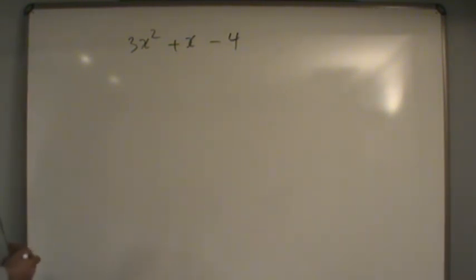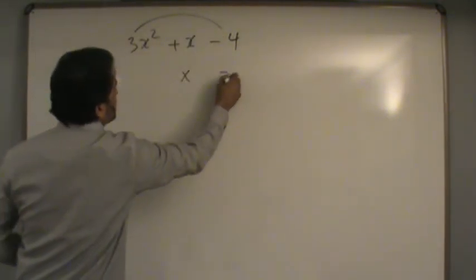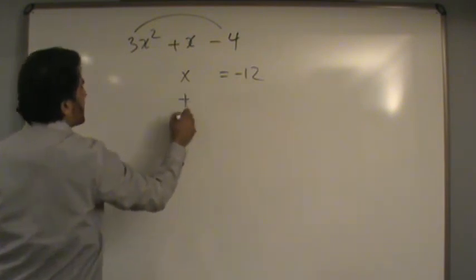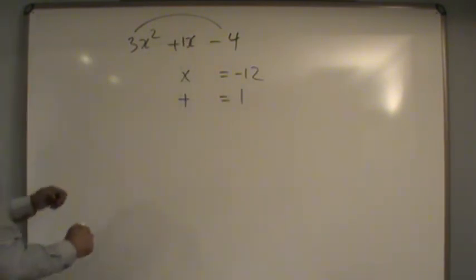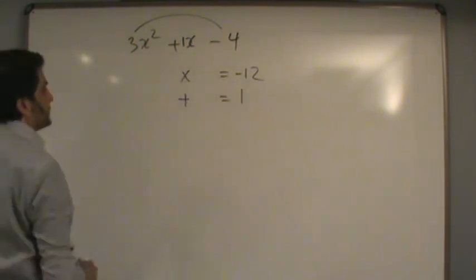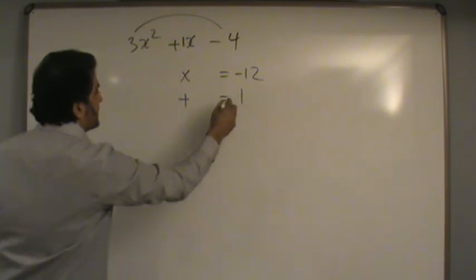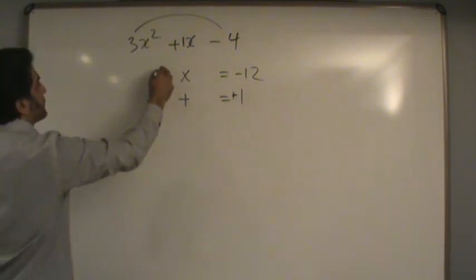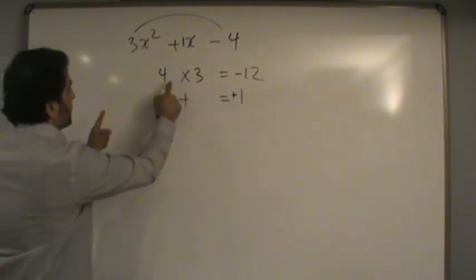We're going to find our product. Our product is first times last, which is negative 12. And our sum is the middle term, which is positive 1. So we find two integers that multiply to give negative 12, and the same integers should add up to positive 1. We know that 4 times 3 is 12, and the difference between 4 and 3 is 1.